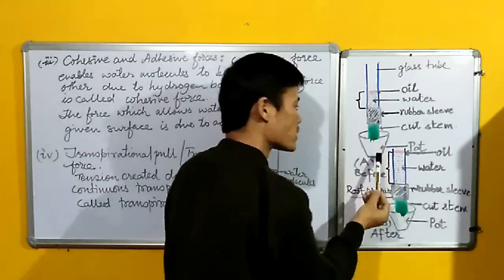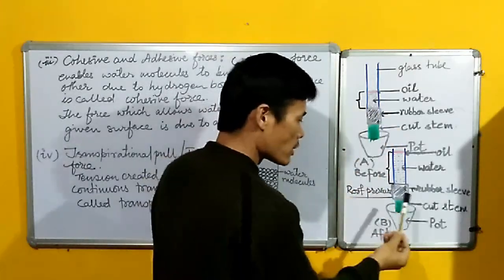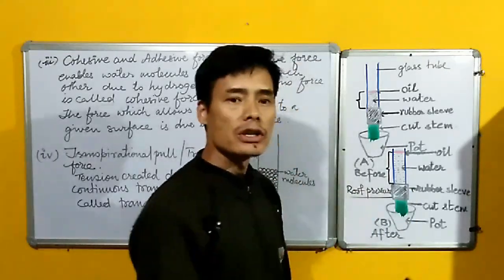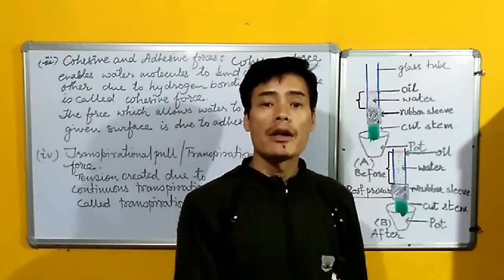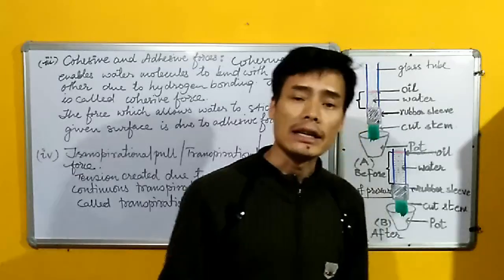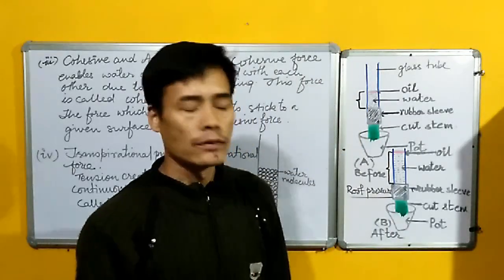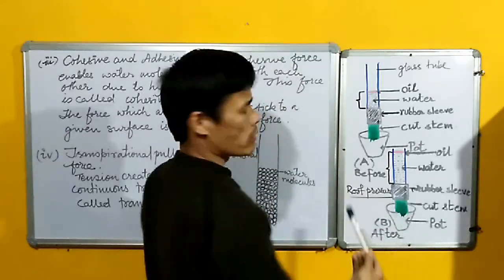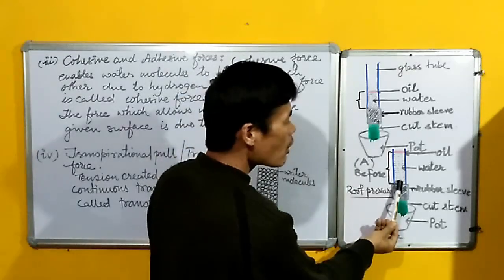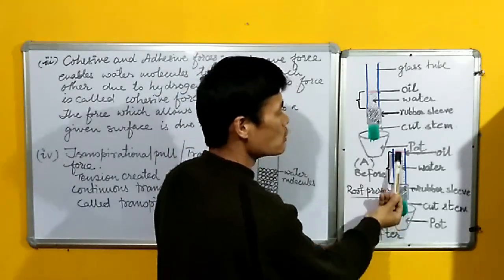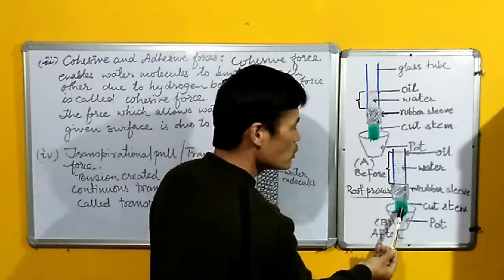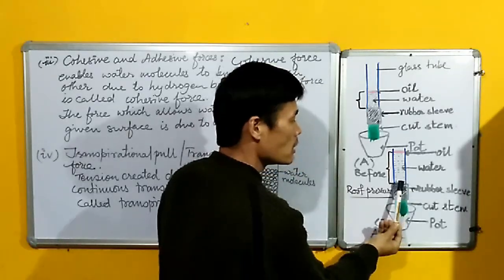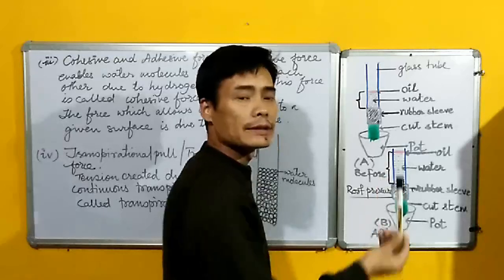Now, when this experimental setup, which is well watered, is left for a considerable period of time, what changes do we expect? And why are these changes taking place? After a considerable period of time, say after 3 hours, after 4 hours, the level of the water in this glass tube, which is attached to the cut stem of this potted plant with the help of a rubber sleeve, will begin to rise.